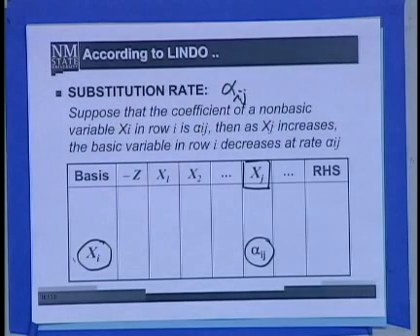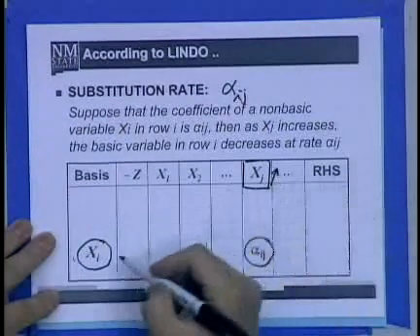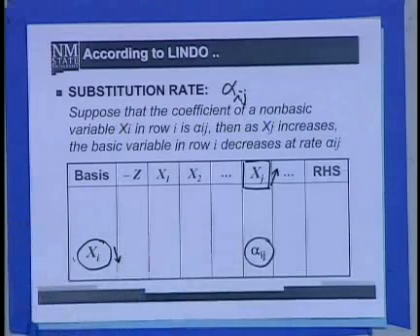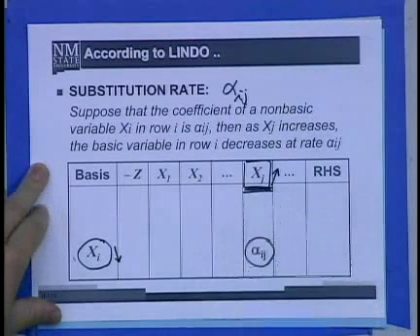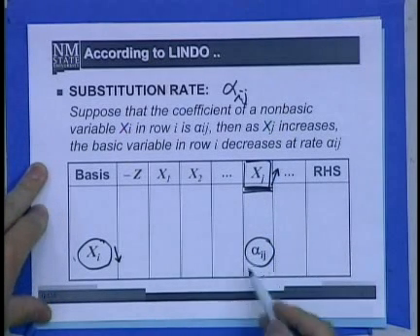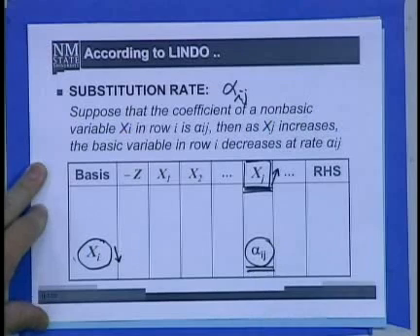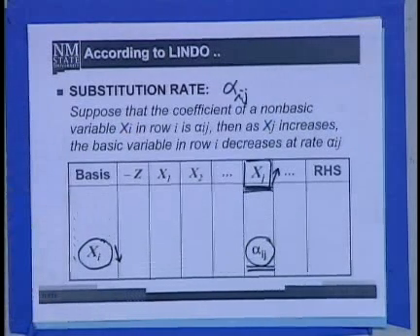Okay? So 1 unit of xj variable substitutes for alpha ij units of the basic variable in the optimal solution.